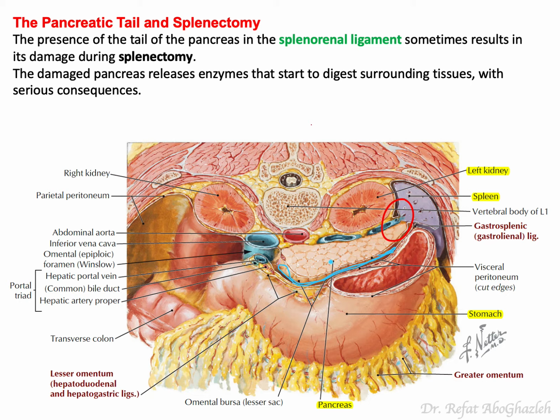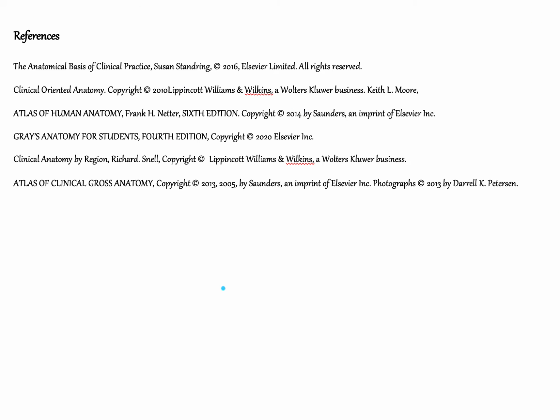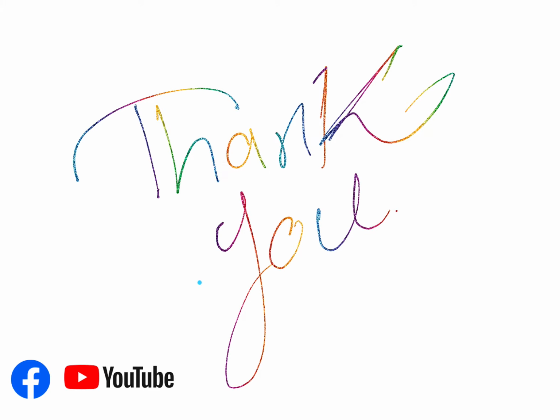So inflammation of the pancreas can spread to this small peritoneal cavity known as the lesser sac. Of course, you know the lesser sac communicates with the greater sac outside, that means the peritoneal cavity. So infection can spread to the peritoneal cavity. So yes, back to our references, guys, and thank you.